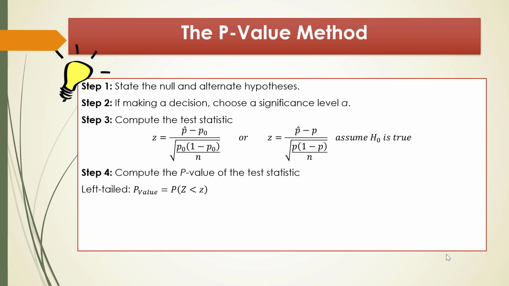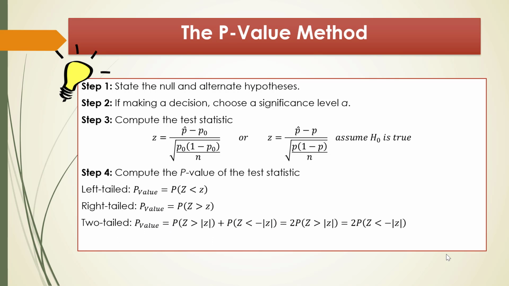If we have a left tail, the p-value is the probability that Z is less than little z. For the right tail, the p-value is the probability that Z is greater than little z. And for two-tail, we either add the area of the left with the right, or we take 2 times the area of the right tail or 2 times the area of the left tail.